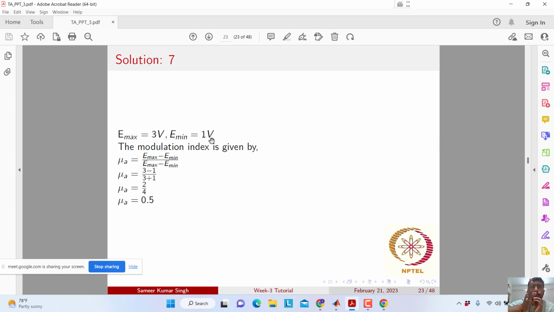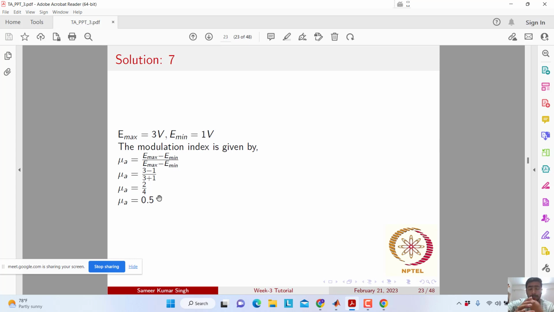Just assume we have two axes, x axis and y axis, and on the y axis our envelope is lying between 3 volt and 1 volt. From there we have to avoid the over modulation, and we get that formula with plus, and it will be 0.5.